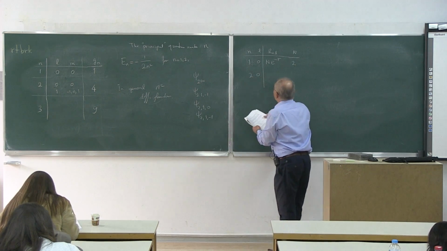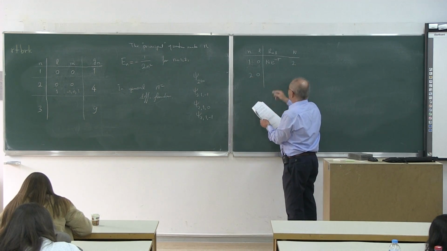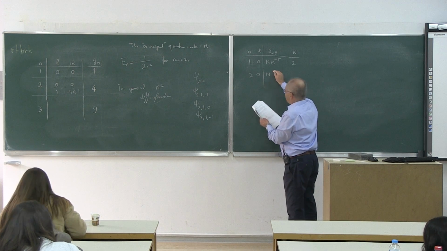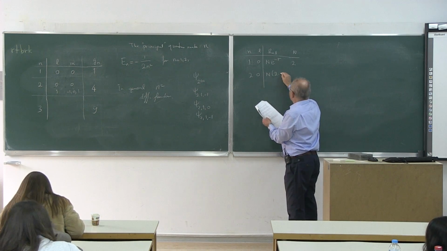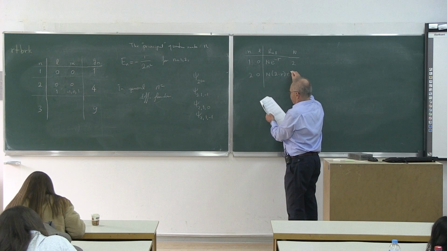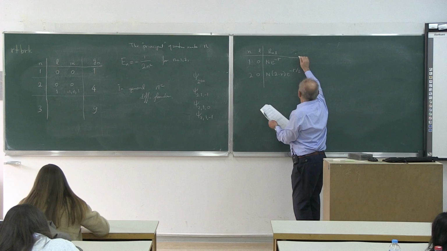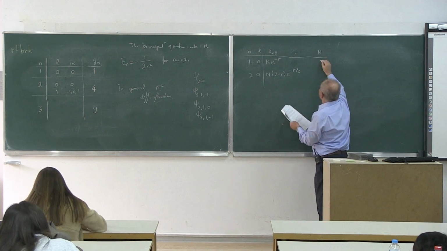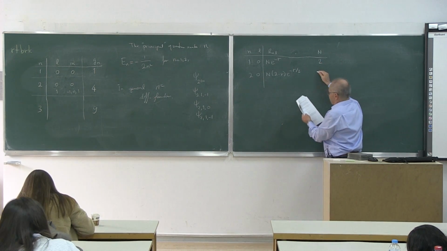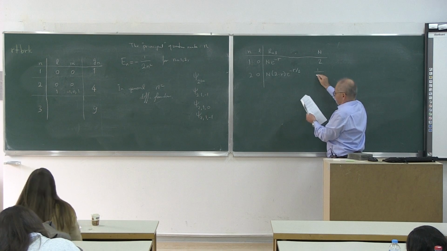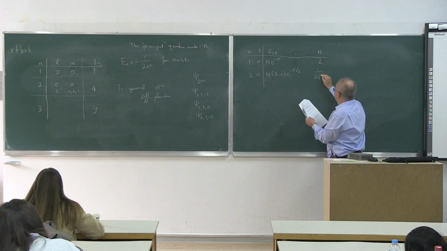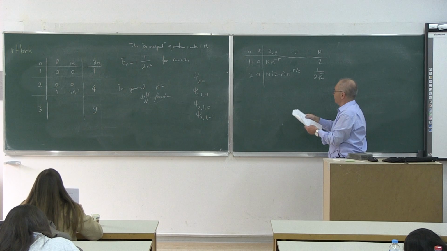For n equals 2, l equals 0, it is a normalization factor times 2 minus r times e to the minus r over 2. And here the normalization factor is 1 over 2 times square root of 2.